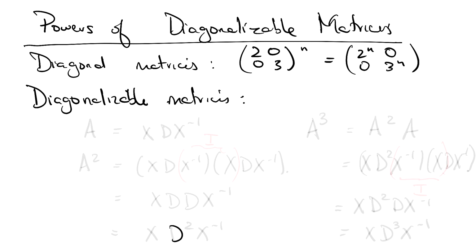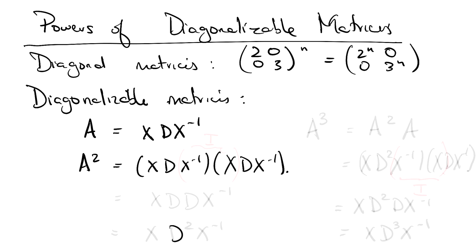So let's look at A equal to X D X inverse. A squared is therefore going to be X D X inverse times X D X inverse. Because matrix multiplication is associative, we can reassociate, and this would be identity. What we get is X D D X inverse, which is X D squared X inverse.